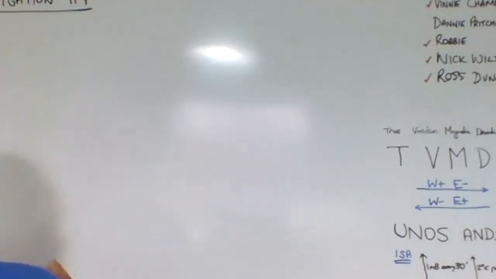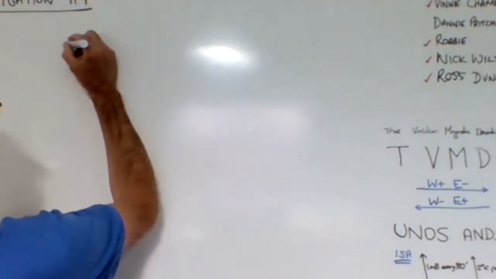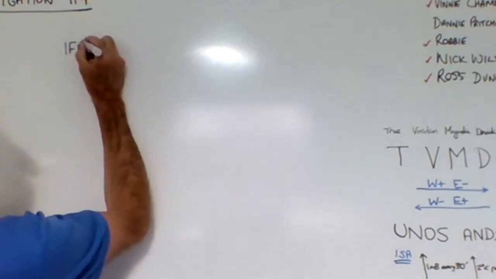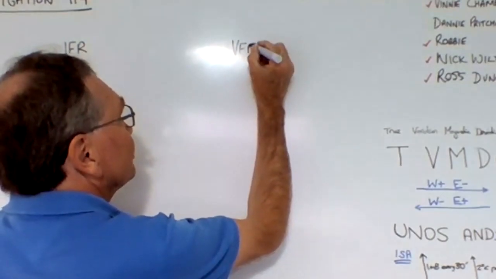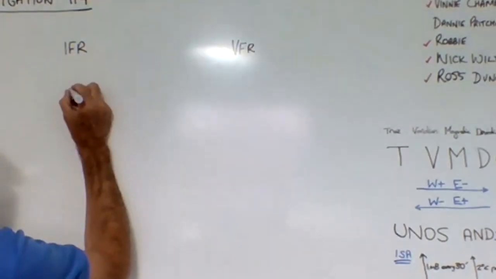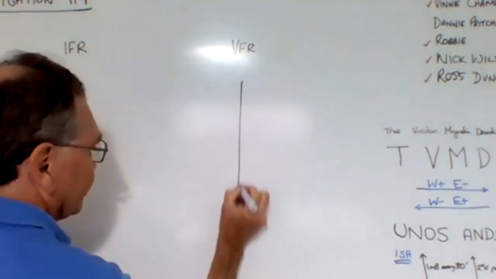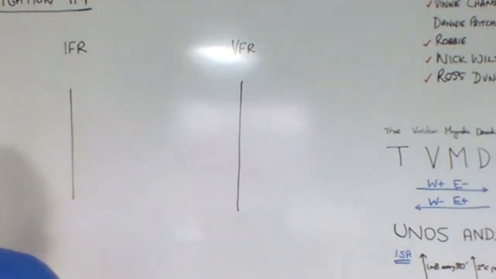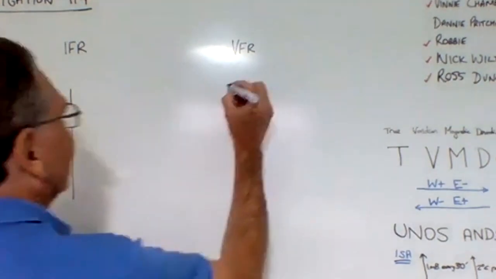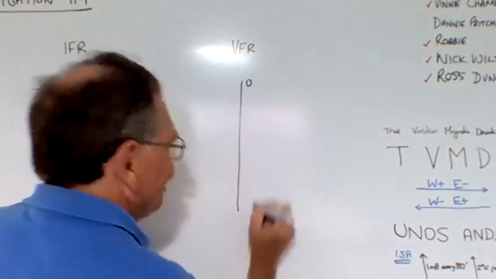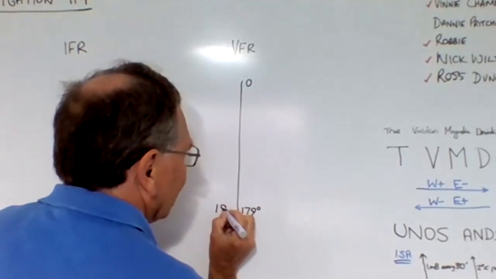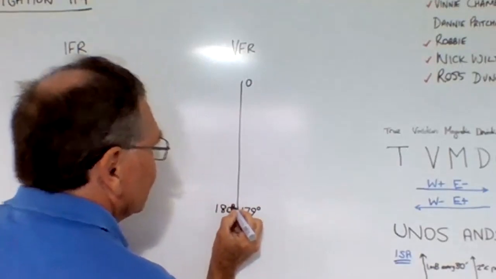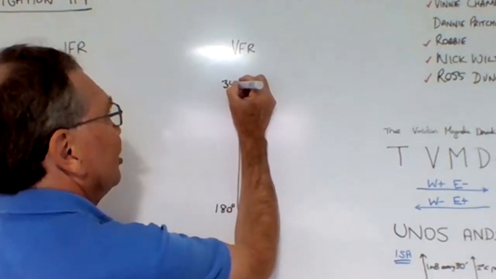So we've got two things. We can either fly IFR or we can fly VFR. Each of these has what's called the semicircular rule, and this is 0 to 179 degrees. This is 180 degrees to 359 degrees.